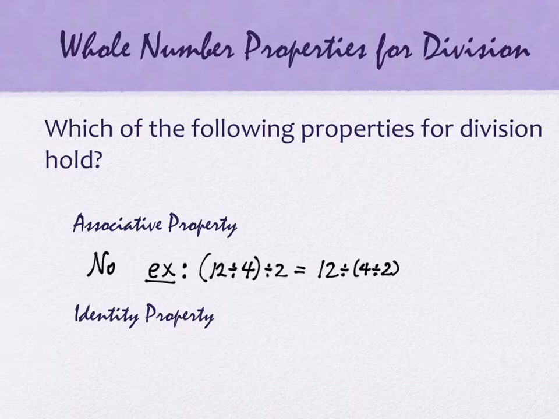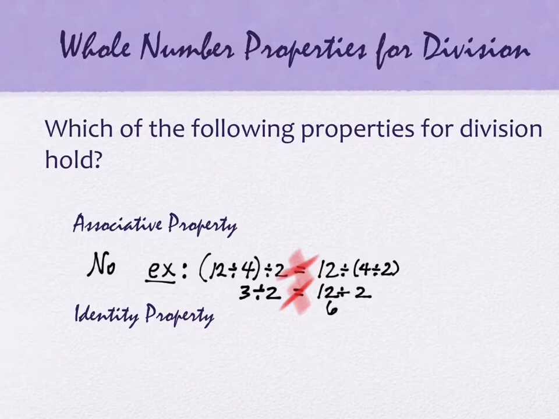So on the left-hand side, what's 12 divided by 4? 3. So I have 3 divided by 2 on the left. On the right, the part in the parentheses is 4 divided by 2. So what's 4 divided by 2? 2. Well, 12 divided by 2, that's nice. That's 6. But 3 divided by 2, whatever it is, isn't 6, right? It's not a whole number, but it's not 6. So these don't work either.